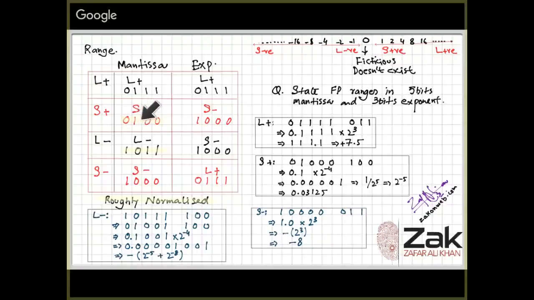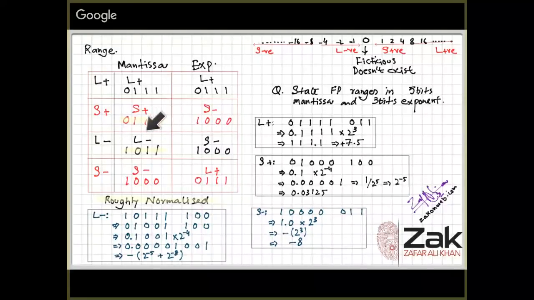See, 0.5, 0.25, 0.125. Smallest positive has to be what? 0.125. But that 0.125 would not be normalized. We put 1 here. If we put 1 here, then this 0.125 plus 0.5 becomes 0.625. That is not the smallest positive. So we remove that one here.